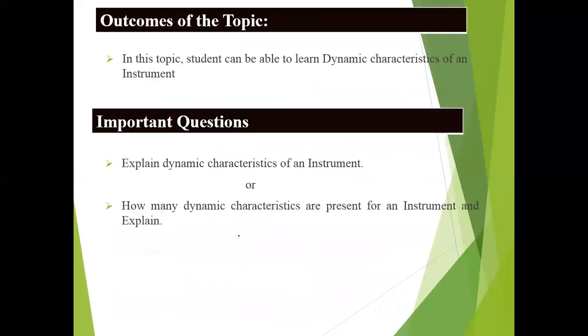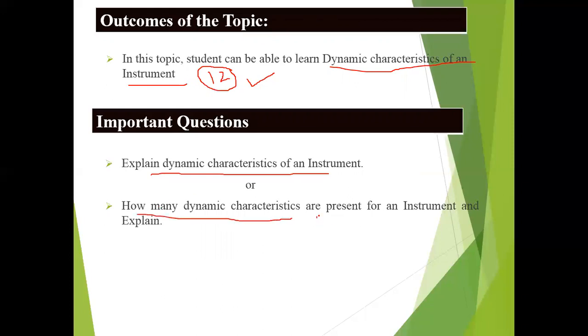So from this explanation, students can learn the dynamic characteristics of an instrument, of which we have studied a total of 12, right? So what is the important question we can get from the exam point of view? Explain dynamic characteristics of an instrument, or the same question can be asked in a different way, like how many dynamic characteristics are present for an instrument, and explain.